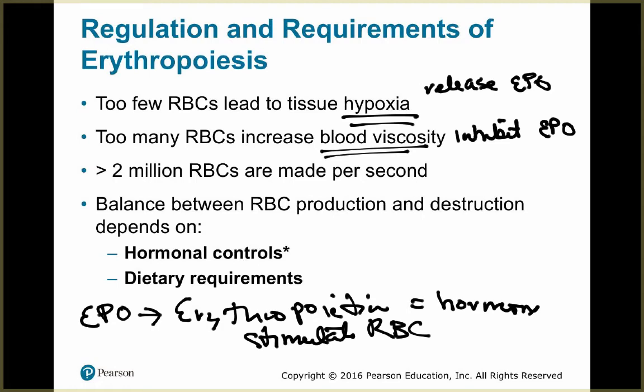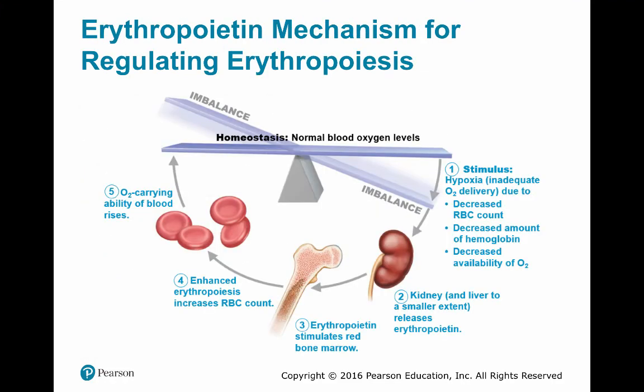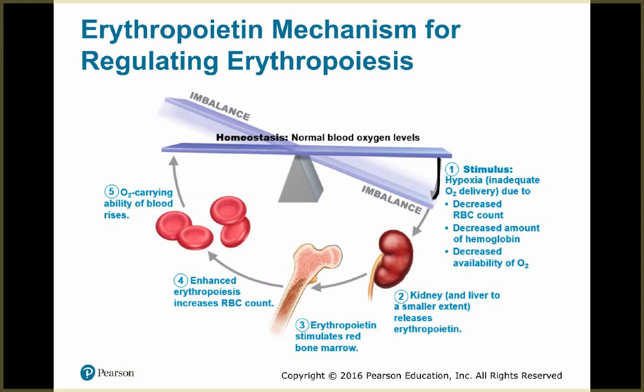And so let's look at the erythropoietin mechanism for regulating erythropoiesis here, right? For instance, if you have some kind of homeostatic imbalance where the oxygen levels get reduced, you see, the stimulus here is hypoxia. It can be due to decreased red blood cell count, a decrease in the amount of hemoglobin, or the availability of O2. And from there, the kidneys, and the liver to a small extent, will release EPO.